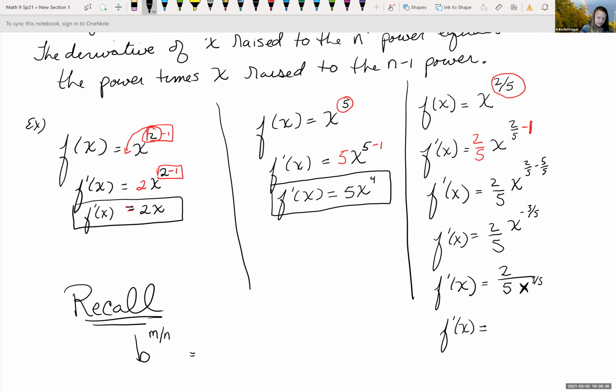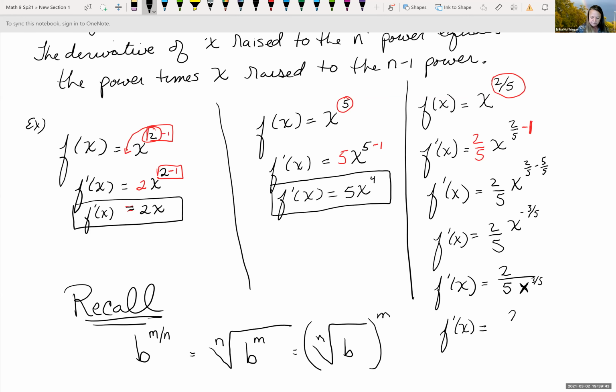What was in the denominator is the index, the root you're taking of your radical. So this is the nth root of b raised to the m. Sometimes it's easier first to take the root and then raise your base to the m, and those are equivalent.